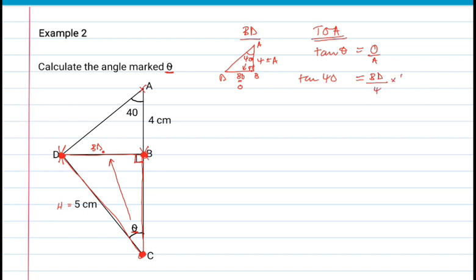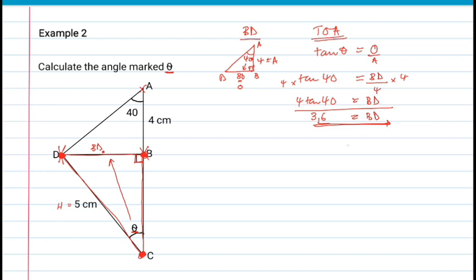If we multiply on both sides by 4, we find 4 tan 40 being equivalent to BD. So 4 tan 40, we can simplify as simply 3.6 being equal to BD. This is a simplified one.